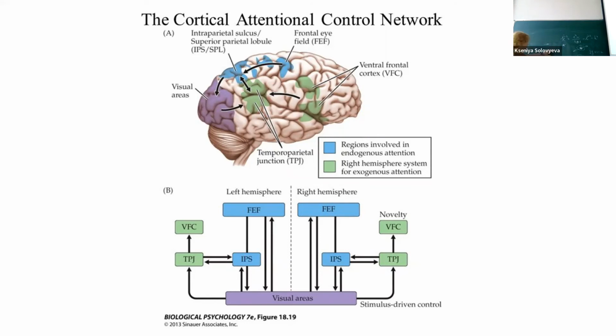And then they showed these symbols in the center of the screen. For example, when they showed the star, the activity in this part of the frontal eye field increased. And for example, when they showed the circle, the activity increased here.